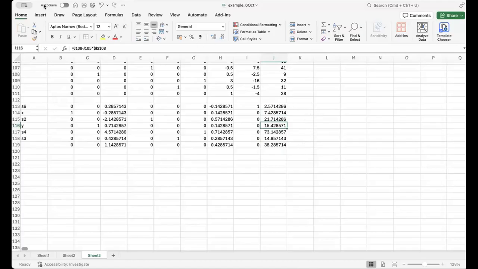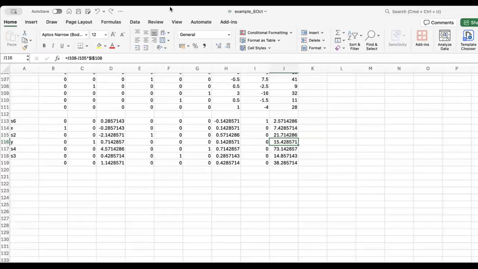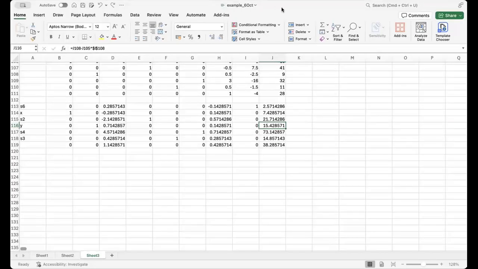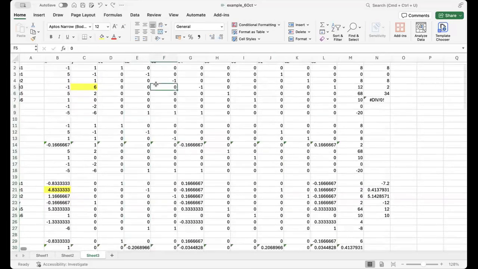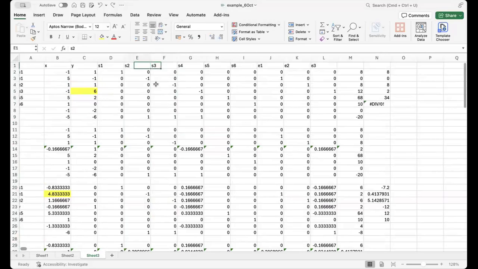Okay. So try to do it by yourself. Which step? The first step. Then we write the objective function.